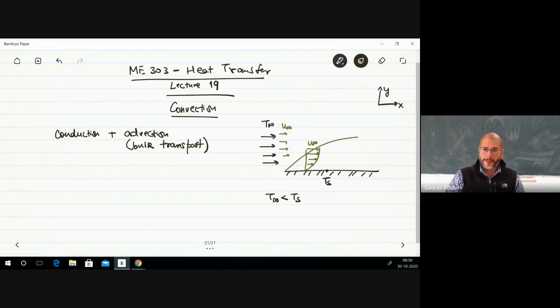The examples are many. One of the most common examples I talk about is the use of fans. When you're feeling warm, you switch on a fan, and although the air around you is still colder than your body temperature, you feel much cooler.